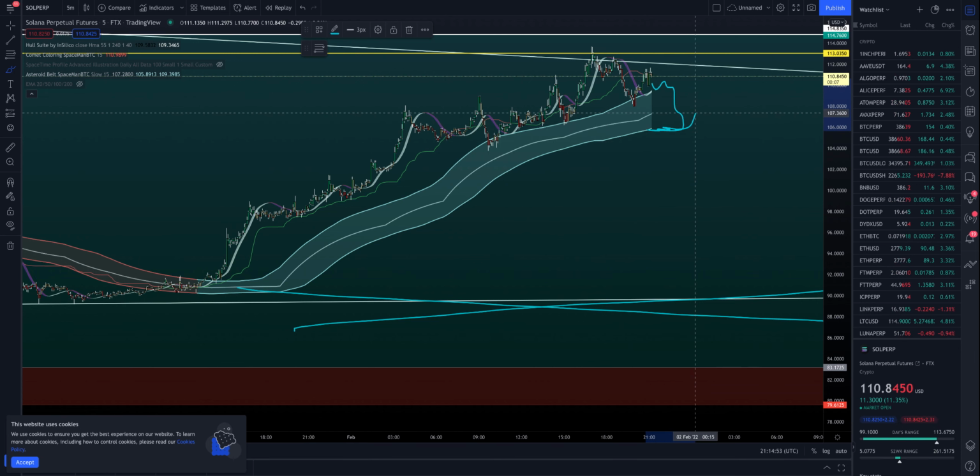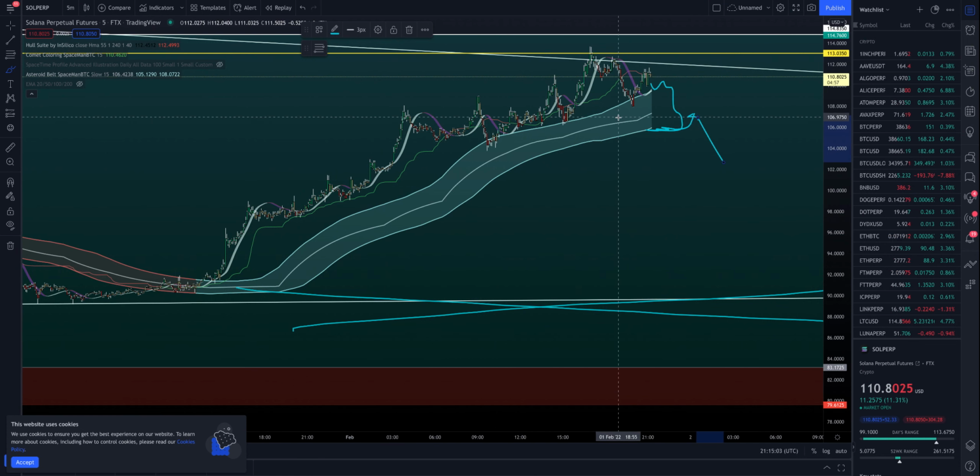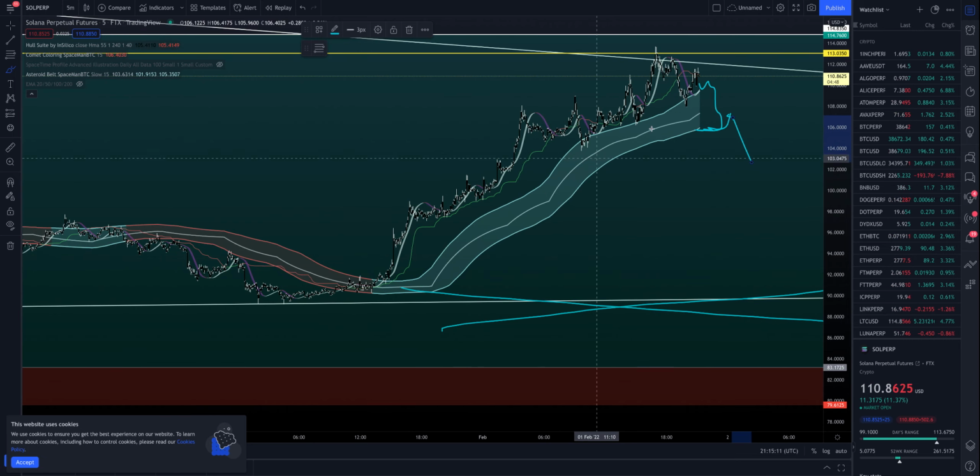We bounced, but we started treating this midline as resistance, then that is a signal to get out because it looks like this is going to turn red. It's difficult for me to explain this because we're on a 5 minute interval, but I wanted to show you how it works.